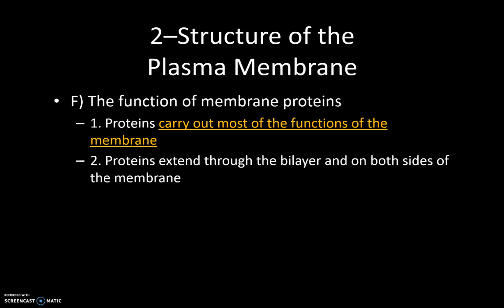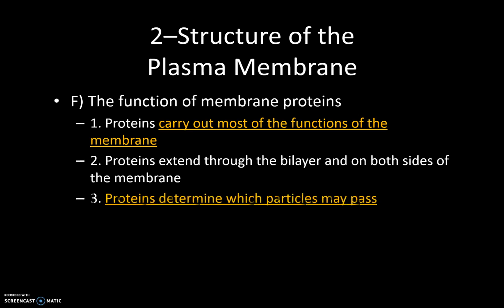And there's a couple of different kinds of proteins. You can have carrier proteins and channel proteins, but they actually have 3 different jobs. Number 1, they are in charge of selective permeability. They determine which particles may pass. So if I was taking these notes, I would say selective permeability to my note packet.